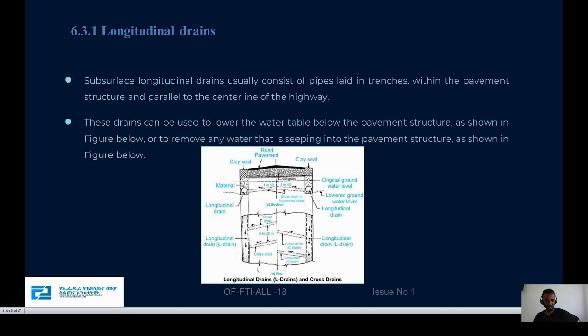These drains can be used to lower the water table below the pavement structure, as shown in the figures. This is a longitudinal drainage system, and it is always parallel to the center line of the pavement.